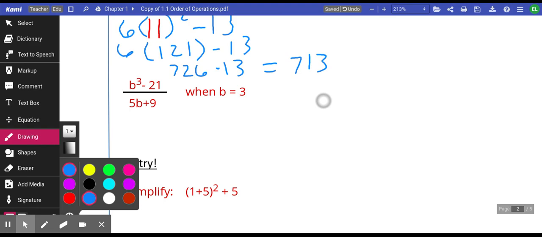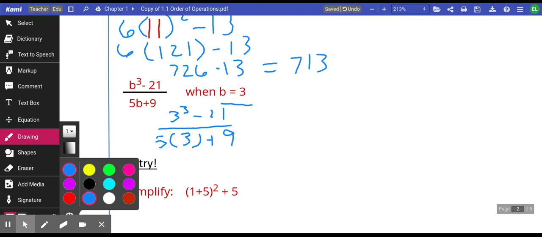In the second example, we're evaluating this expression when b equals 3. Notice the variable b shows up two different times in our expression, so we must substitute both of them with the number 3. So we rewrite this as 3 cubed minus 21 divided by 5 times 3 plus 9.